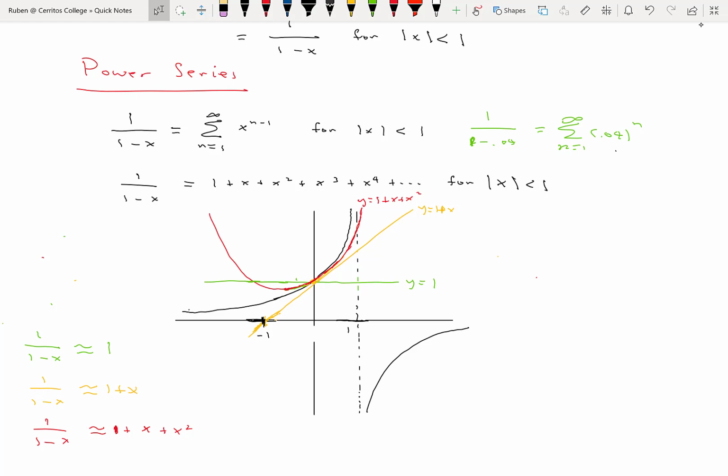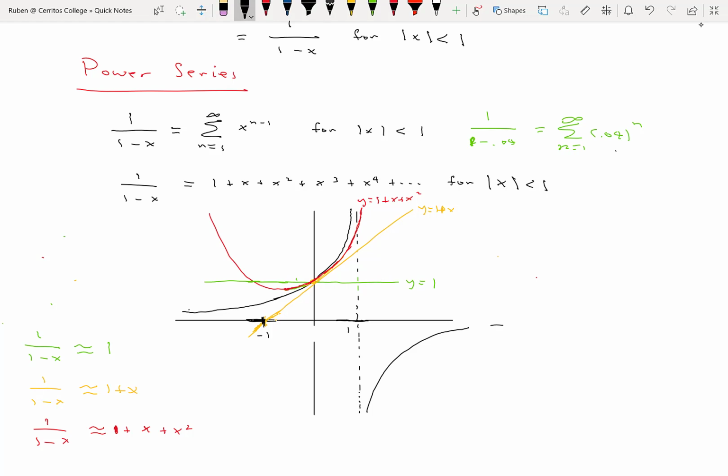First of all, notice that there's the black graph. That black graph is 1 over 1 minus x. Ignore the red parabola, the green horizontal line, and the yellow line. Just focus on the graph of y equals 1 over 1 minus x.